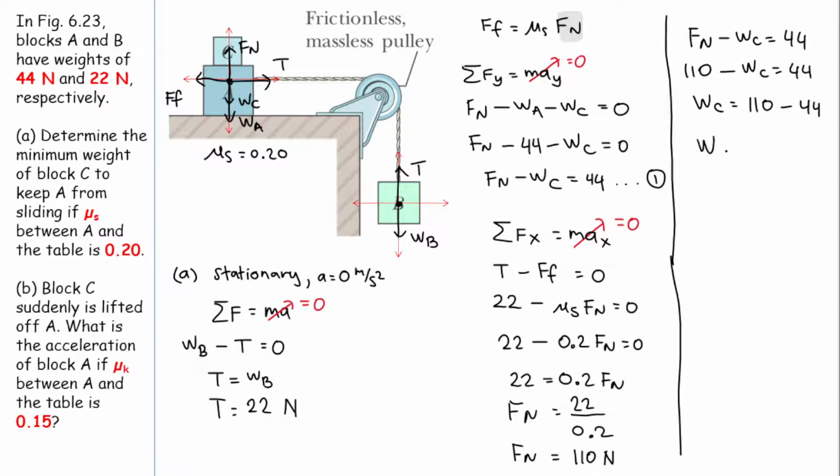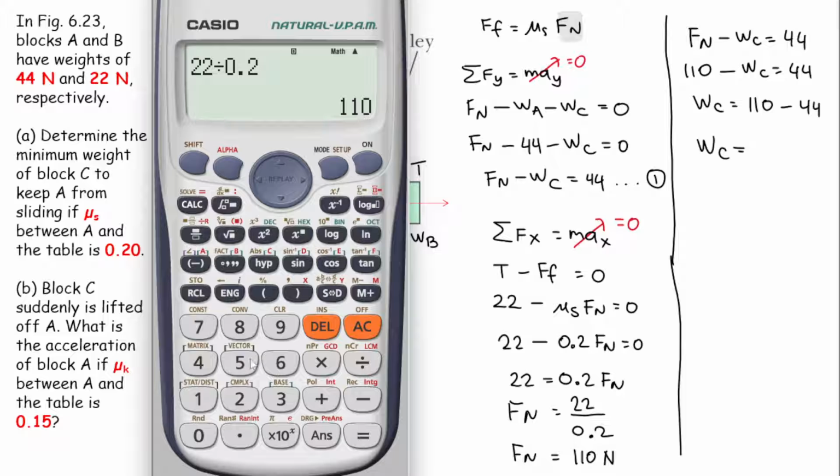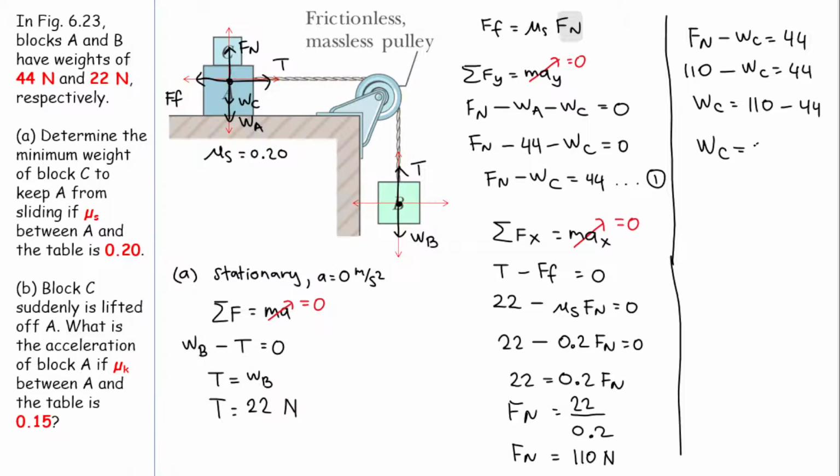And so the weight of C here is 66. Okay, and the unit here will be in Newton. Okay, and I think that's all for problem A. So this is the answer for question A.